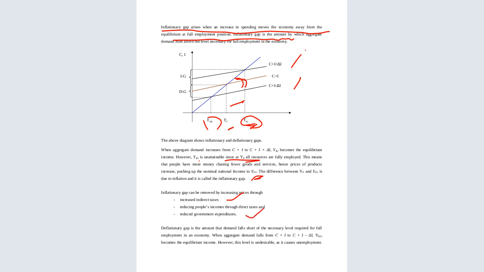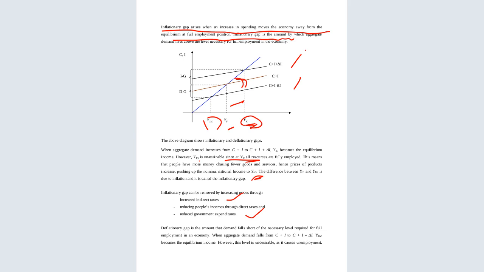Government expenditure also means that less money will be in the hands of the consumers. But the deflationary gap, on the other hand, is the amount by which demand falls short of the necessary level required for full employment in the economy.